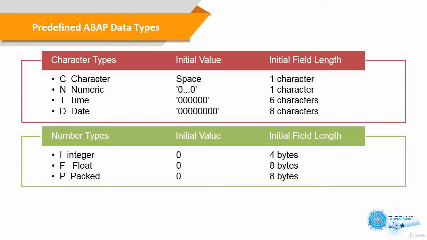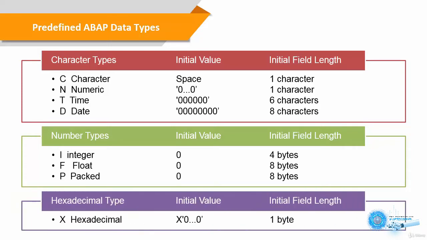And we can use type P for values like distances, weights, amounts of money, and that kind of thing. Hexadecimal type. The type X data stores a hexadecimal value.